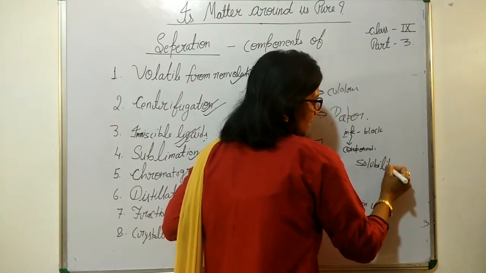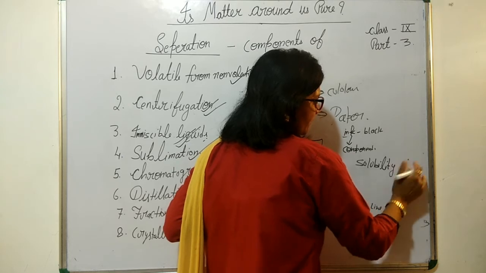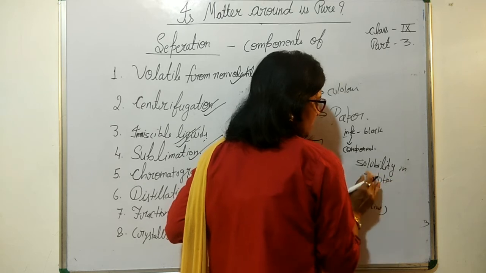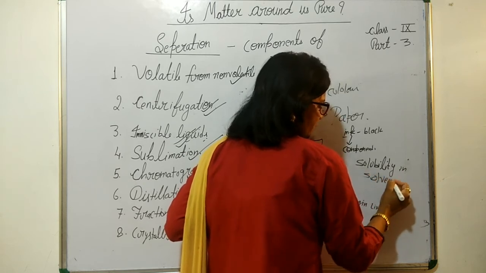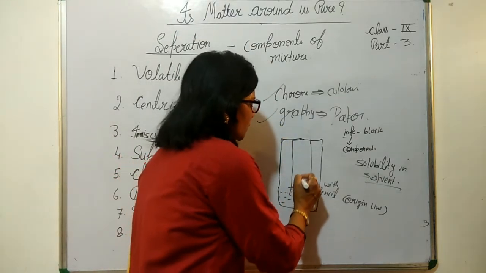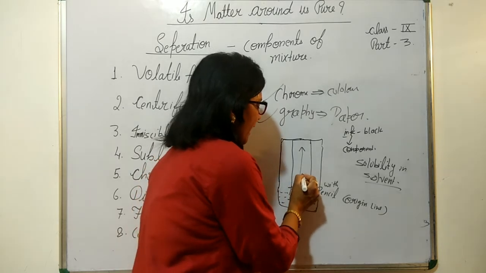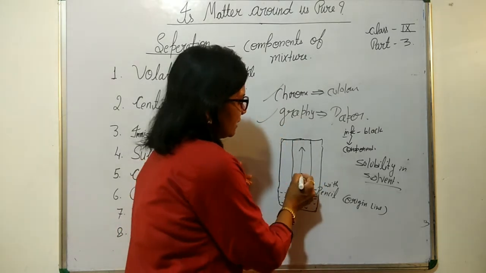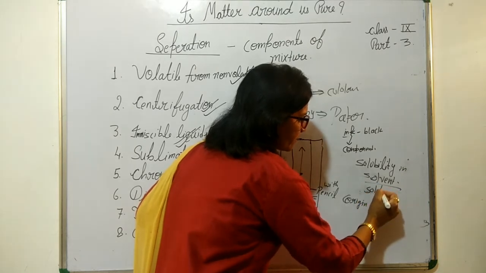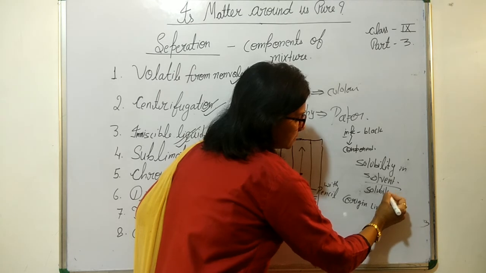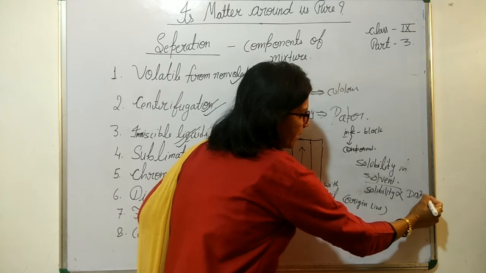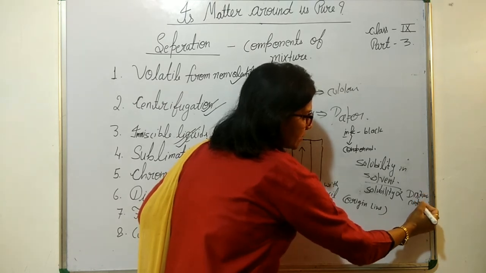So here the concept is solubility in the particular solvent we are taking: the more soluble it is, the further upward it will go, and the less soluble it is, the less distance it will cover. So solubility is directly proportional to the distance covered by the component.